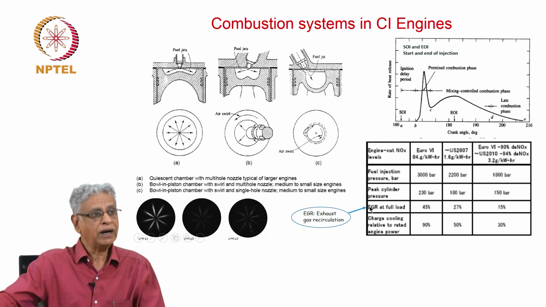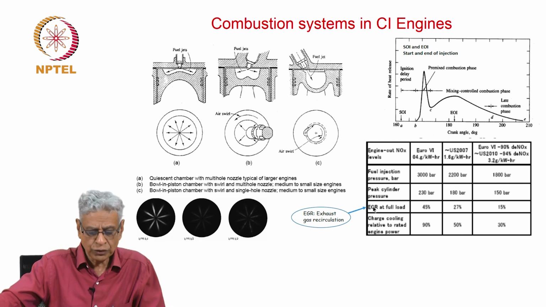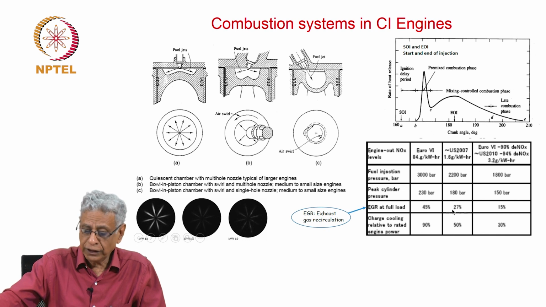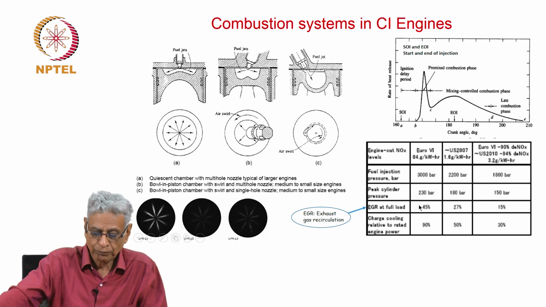You see here something called exhaust gas recirculation, essentially used to reduce the emissions and improve the efficiency, and there are varying degrees of exhaust gas recirculation inside the system.